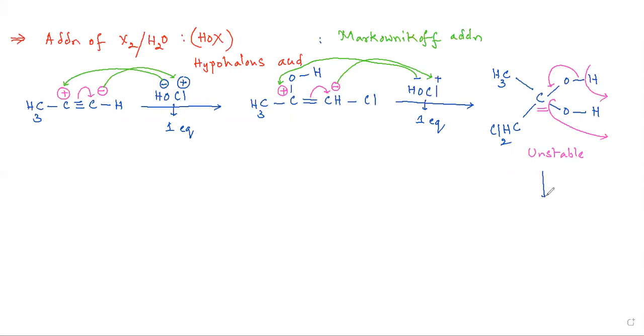See, we get CH3, then C double bond O, CH, Cl. Okay. This is what we get on adding hypochlorous acid.